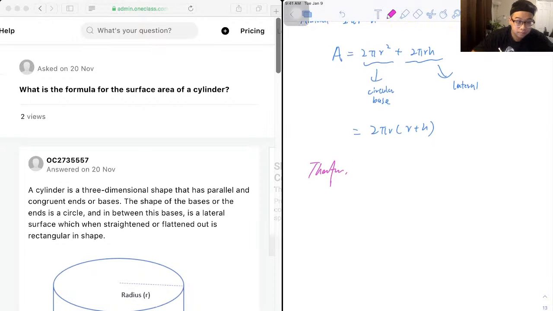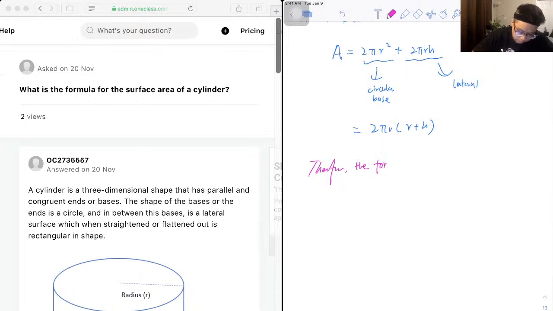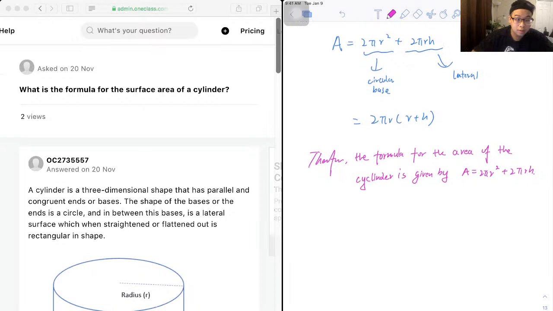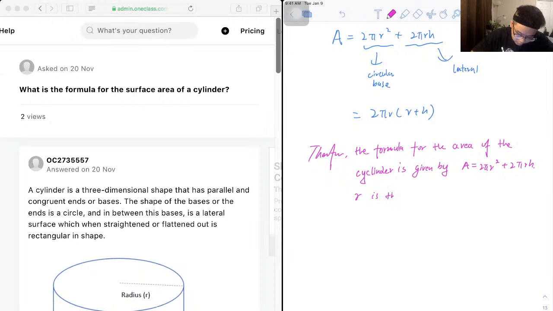Therefore, the formula for the area of the cylinder is given by A is equal to 2 pi r squared plus 2 pi r h, where r is the radius of the circular base, and h is the height of the cylinder.